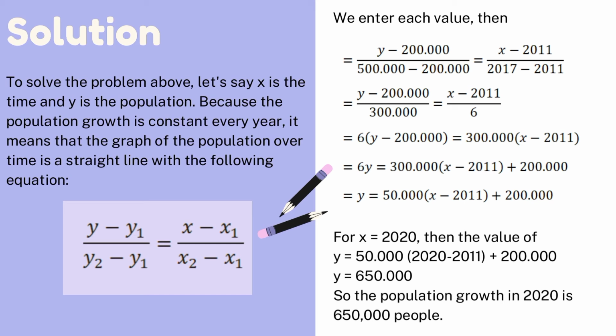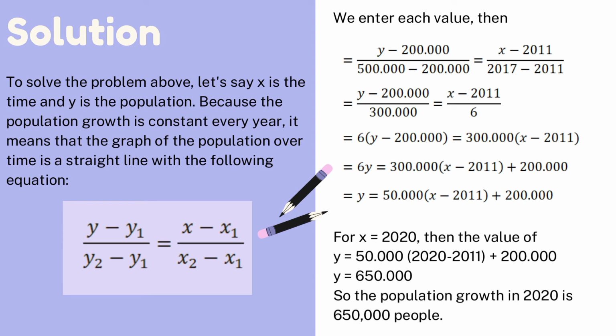We enter the values, then equals (y minus 200,000) over (500,000 minus 200,000) equals (x minus 2011) over (2017 minus 2011), equals (y minus 200,000) over 300,000 equals (x minus 2011) over 6.